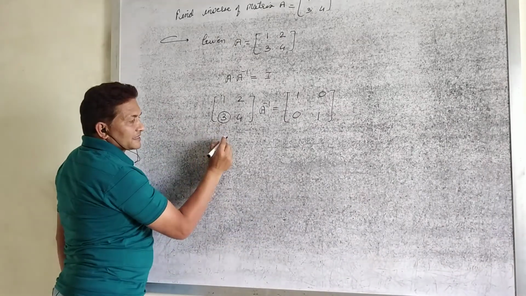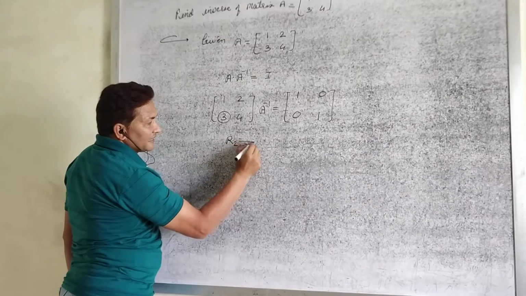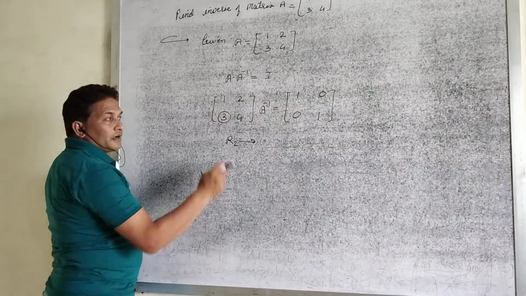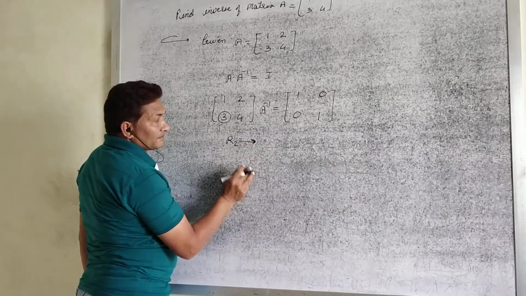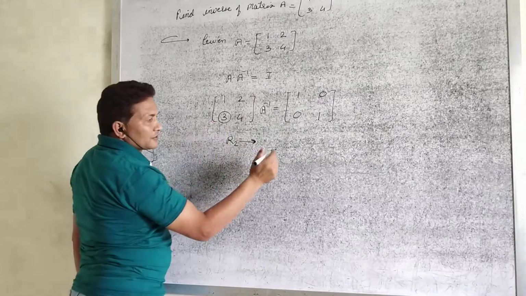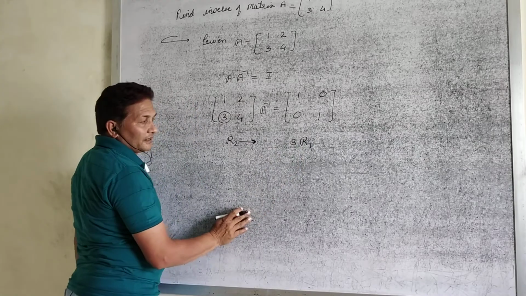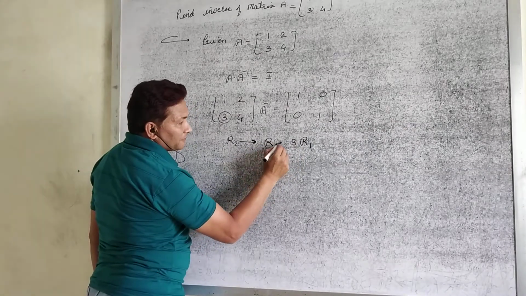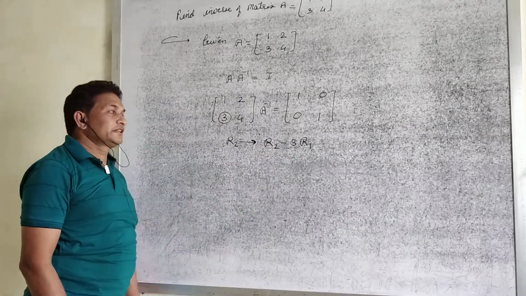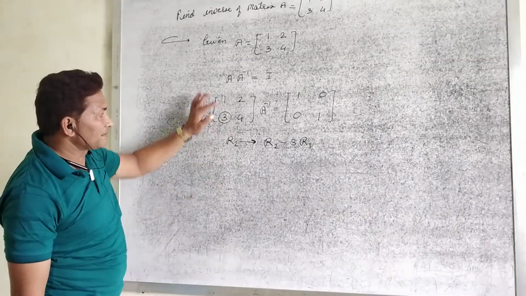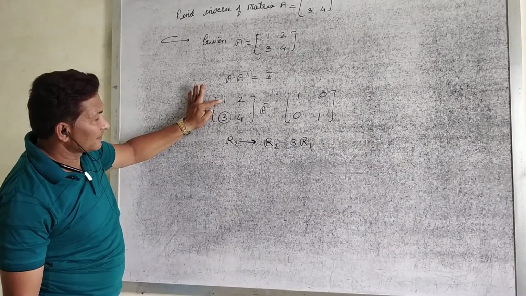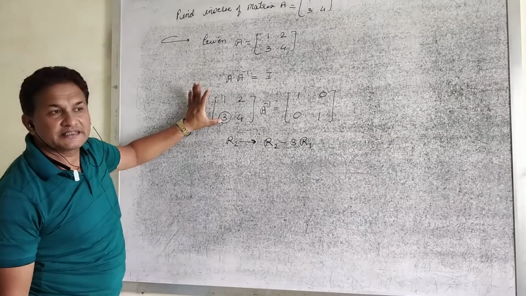So we want here 0, which means we are changing the second row. How do we change the second row? Because we need here 0, therefore we multiply first row by 3 and then subtract it from second row. So we get here 0. We are multiplying by 3. After multiplying by 3, 3 minus 3 we get 0.